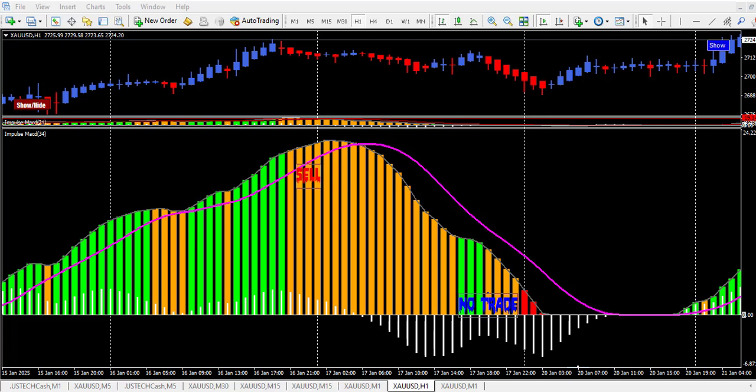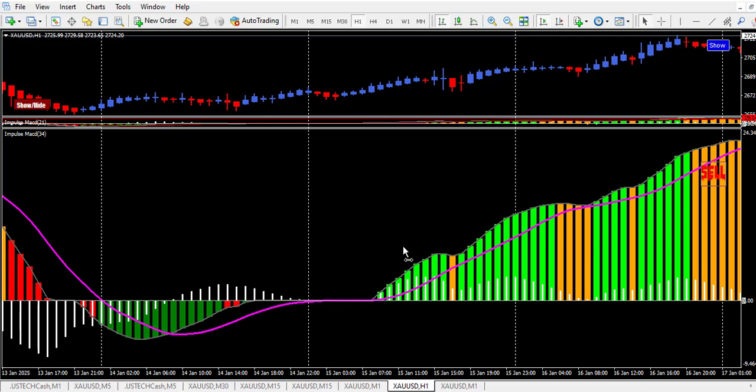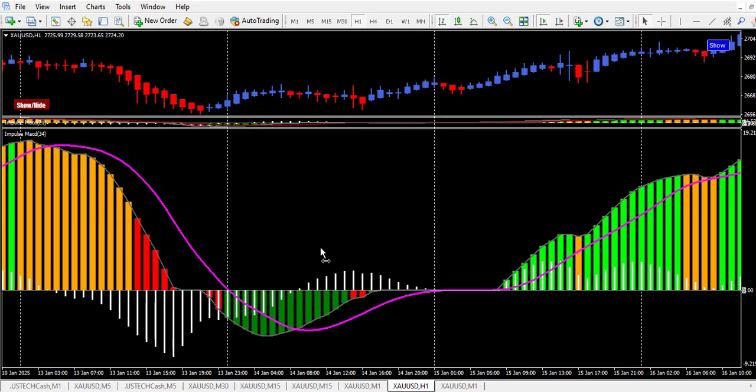This is why it makes it a bit better than the MACD we are used to, because this will take fake outs, either fake breakouts, out of your trading. Here is another zone that did not give us any signal. It is flat, telling us the market is ranging and we should not take any trade.